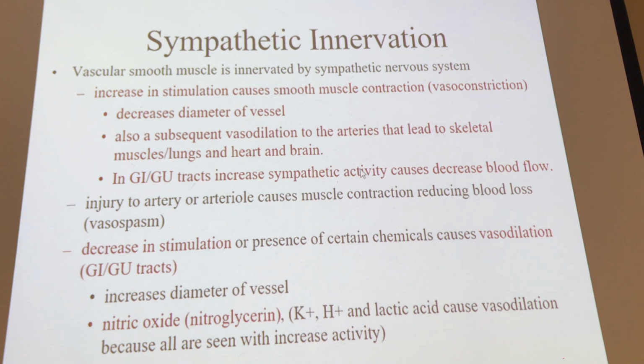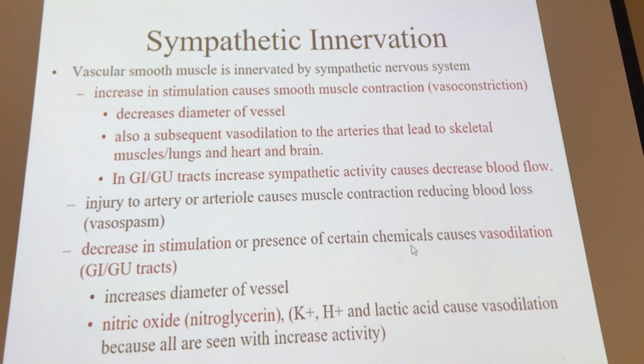In the GI-GU tracts, the smooth muscles there constrict in response. That way we can constrict and decrease the blood flow to the GI and GU tracts. In the process, we dilate the blood vessels that go to the arteries of the skeletal muscle. Now you increase the blood flow there, so that you can keep bringing nutrients to those active muscle tissues.